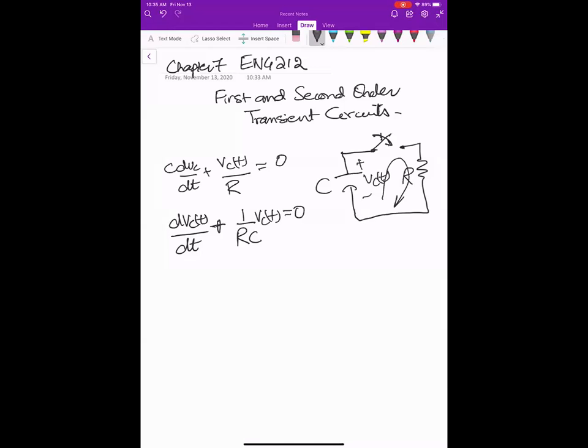So how is the KCL equation becoming this? Because this is i(t), which equals C dVC by dt, and the current across the resistor is VC(t) over R. So that's the equation.